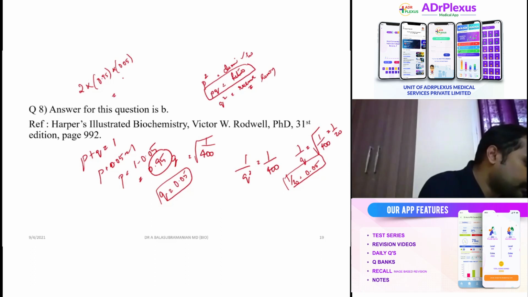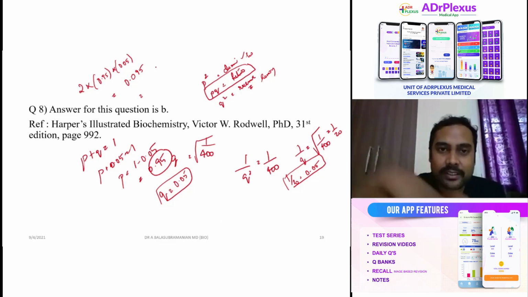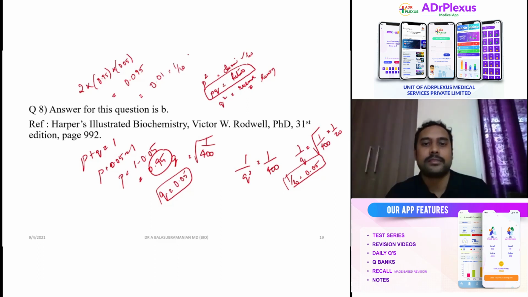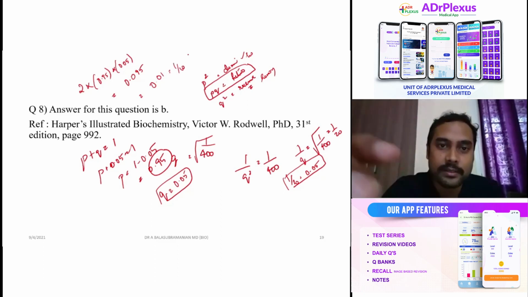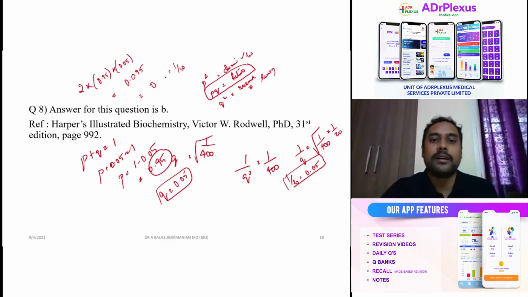Okay, how much is that? Let me calculate. 2 into 0.95 into 0.05. It is 0.095, or roughly 0.1. I can keep it as 1 by 10. Correct? 1 by 10, whatever it is, 0.1.